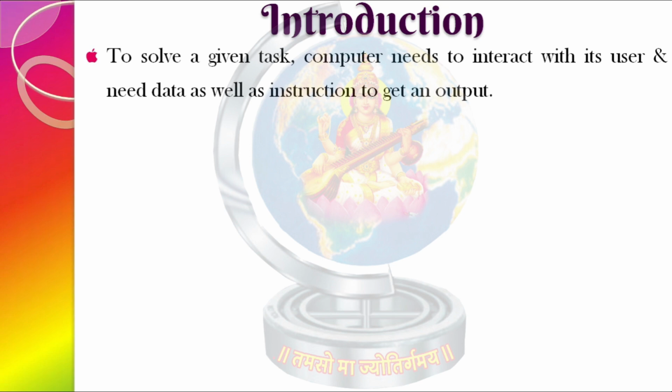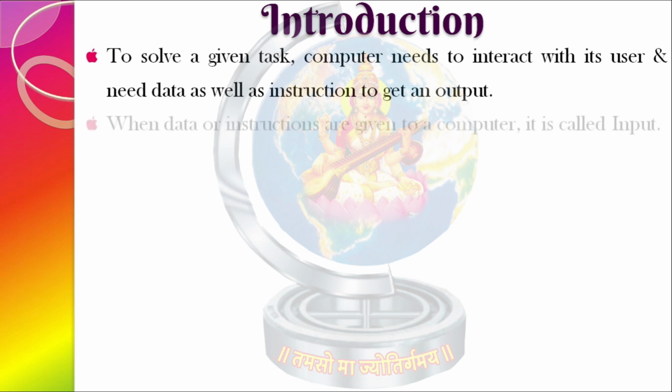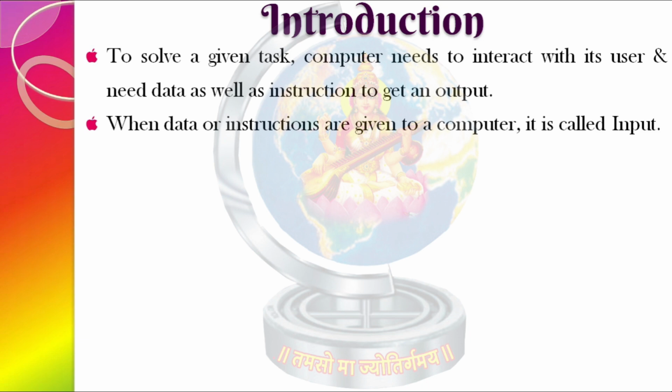It requires the help of a human, who gives instructions to the computer about what to do and in which manner to work, and according to that we get the output on a screen. When data or instructions are given to the computer, that is called input. For example, whatever you are typing is considered one kind of input, because you are giving an instruction in the form of typing to the computer.